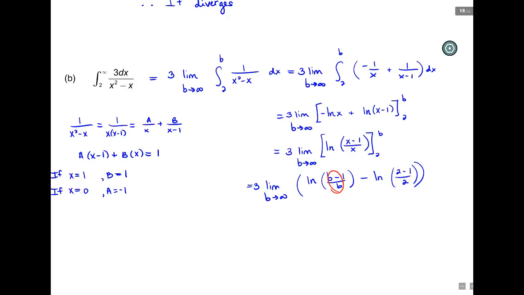So I have ln of 1 minus, and this will be ln of a half. So that's going to give us 0 minus ln of 1/2, which is really just negative ln 2, so I get 3 ln 2.